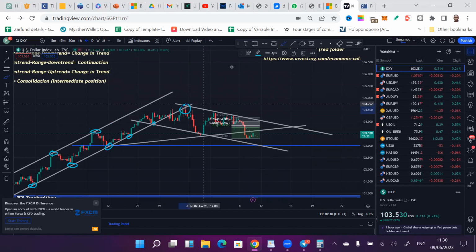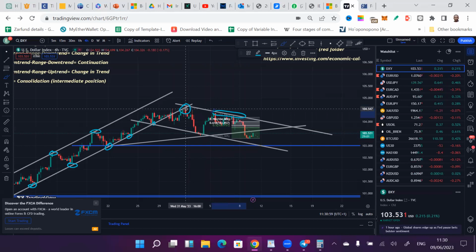So the upper part is called the highs, the lower part is called the lows. Now we have a high there. You notice that this area now is a lower high, lower than this point.